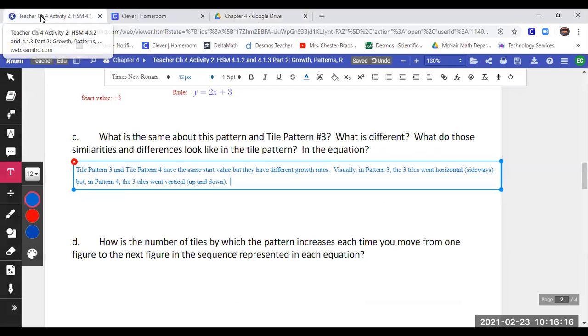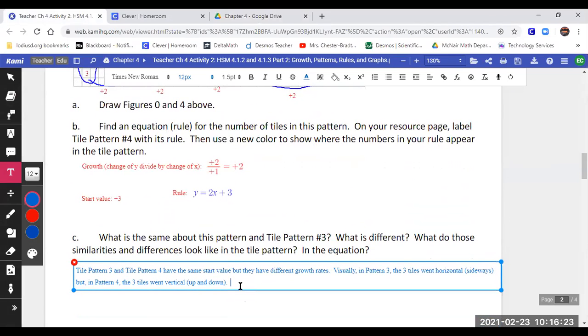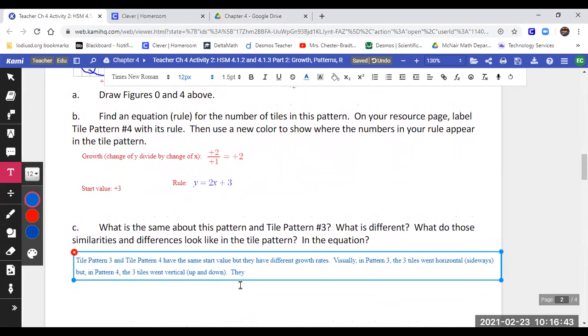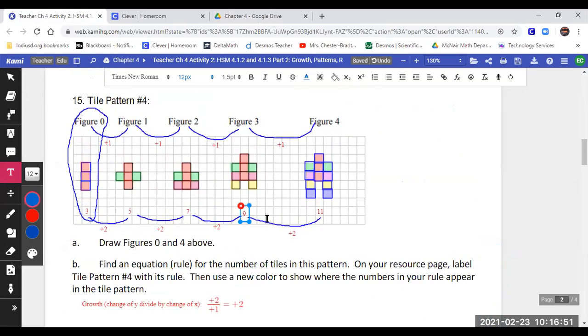Compared to today, what's happening with this pattern? So what they did the same was they started with 3. What did they do differently? They started the same, but what did they do differently? Visually, what changed from one to the other?